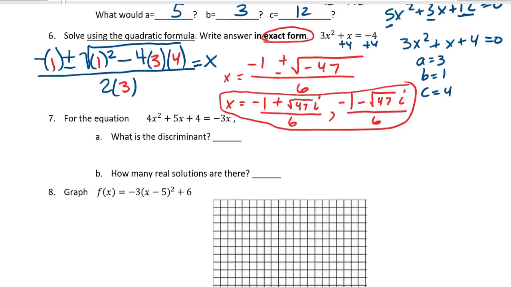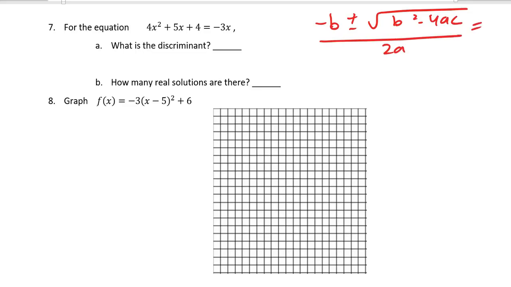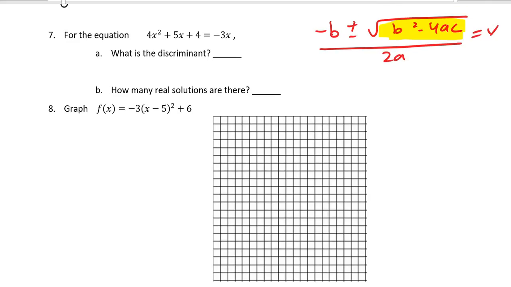This one asks us for the discriminant. We know that the discriminant is the stuff under the radical. So when you have the quadratic formula, the stuff under the radical, we call that the radicand, and b squared minus 4ac is the discriminant.